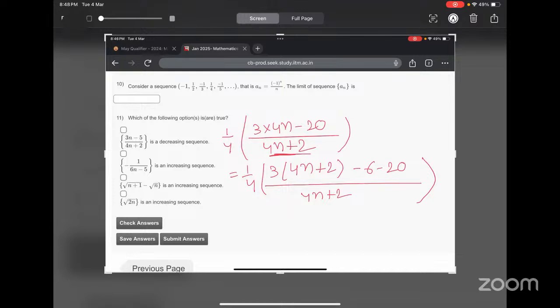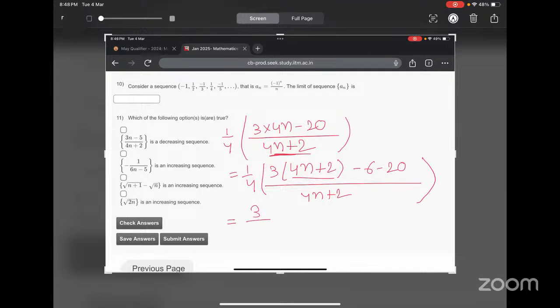If I open the bracket, it will become 4n plus 6, right? So we have to subtract 6, then it will be balanced. Then the constant term. So we are trying to bring one similar to whatever is there in the denominator, in the numerator. Yes, we have brought it now. Correct.